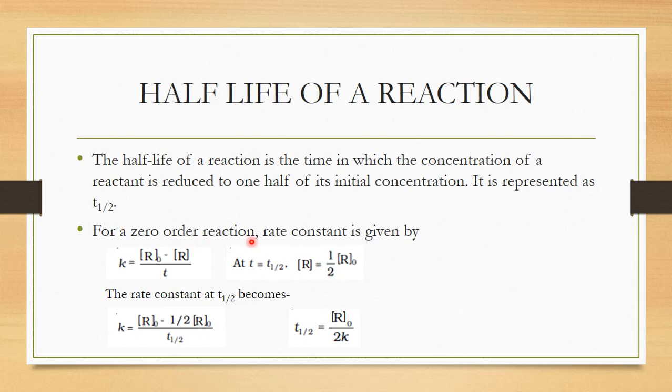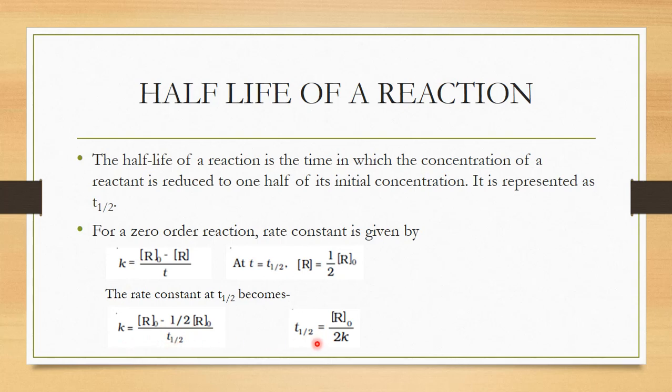For a zero order reaction, rate constant is given by k equals R naught minus R upon t. Now, at t equals t half, R will be equal to half of R naught. Let us put these values in this expression. So, k will be R naught minus half of R naught upon t half.